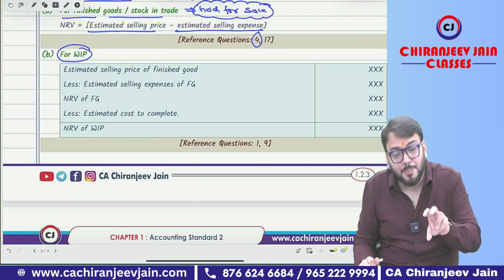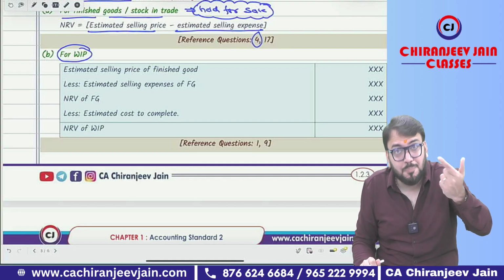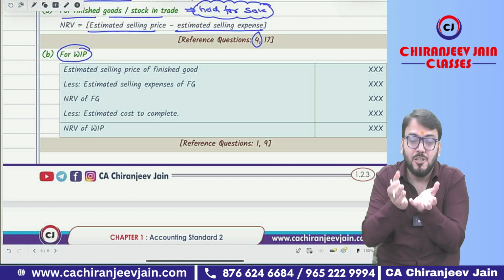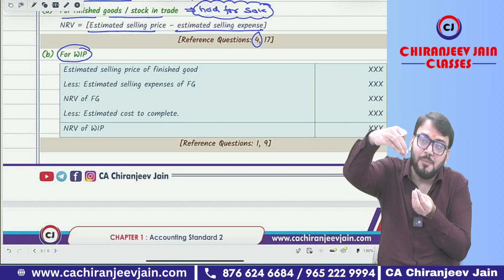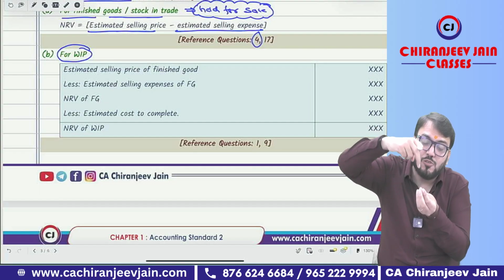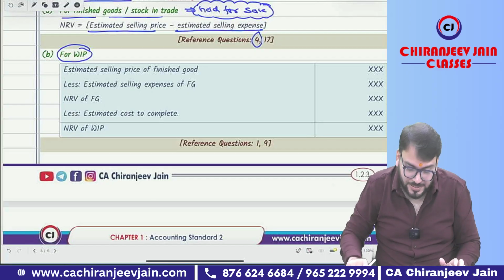And therefore, NRV of WIP will be based on NRV of finished goods which can be produced from that WIP. If you have some semi-finished goods, finished goods will come from that. So NRV of finished goods will be taken into consideration to find out NRV of WIP.